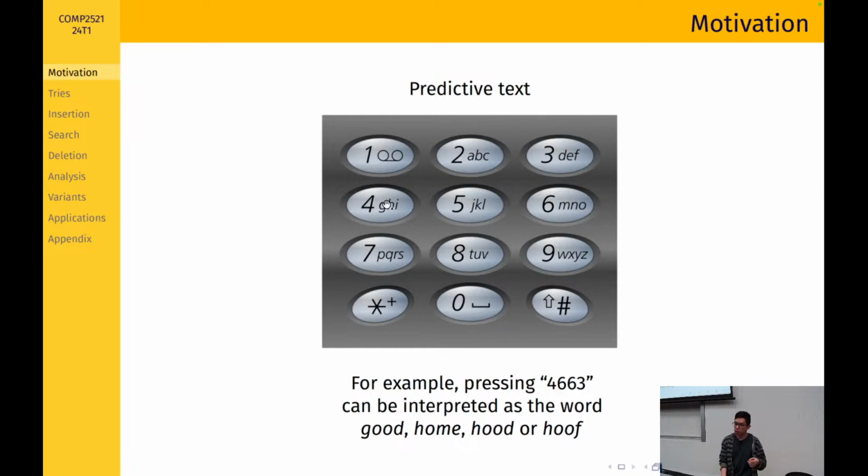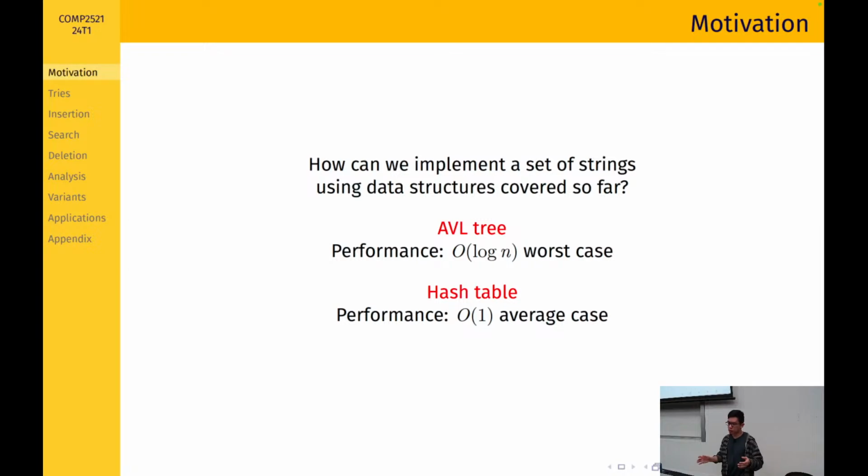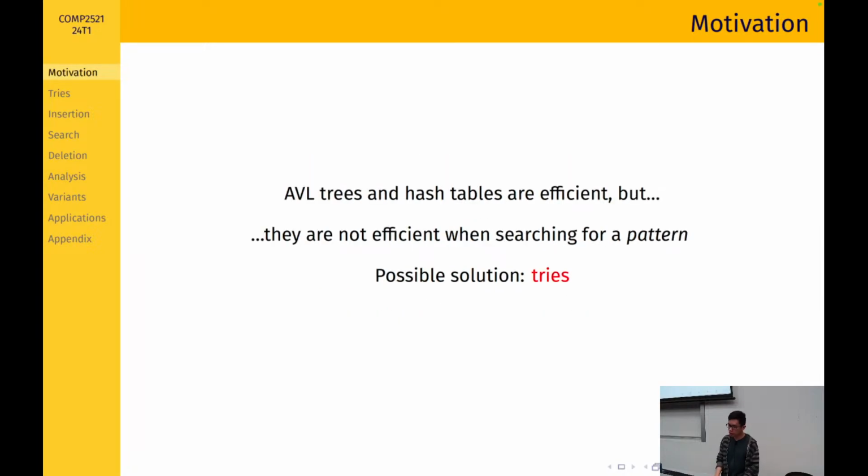For example, if you pressed 4663, then you have to search GMMD, GMME, and so on, right? So it's hard for these data structures when you want to search for patterns. And one possible solution that can help us solve pattern matching efficiently is tries.